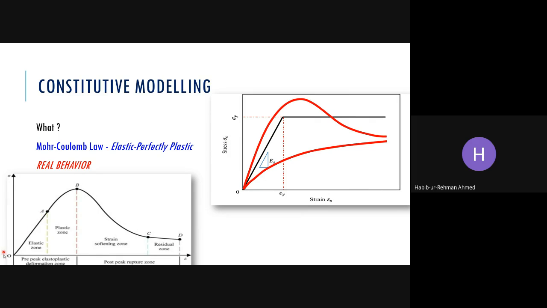Okay, the elastic part over here is a little bit exaggerated, but in heavily over consolidated clays or hard clays, this elastic zone is present. But in most of the cases, this is absent. Okay, so that's why we just take an initial tangent modulus, and we just consider it as Es in our simplistic constitutive model based on Mohr-Coulomb theory.